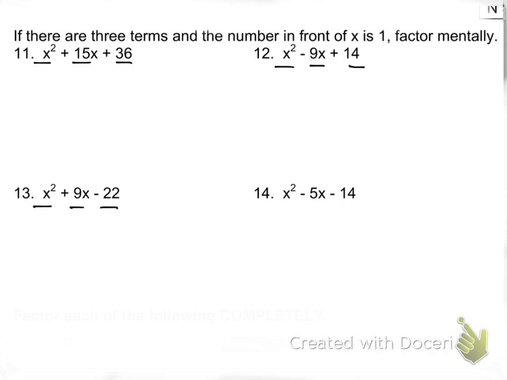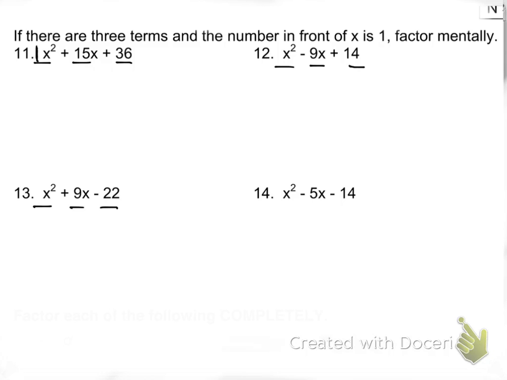Okay, so I had to pause the recording, and I'm not exactly sure where I was, but you can see I've got 3 terms marked on these. If the number in front is a 1, so there's nothing in front of the x squared, it's just a 1 there, then we can often factor mentally.